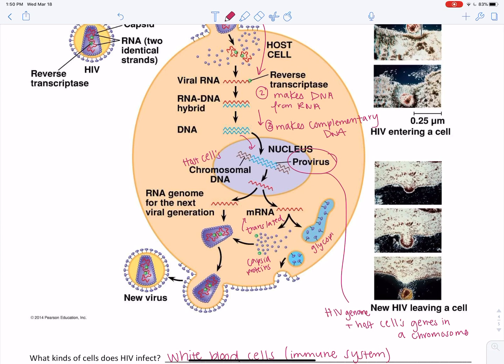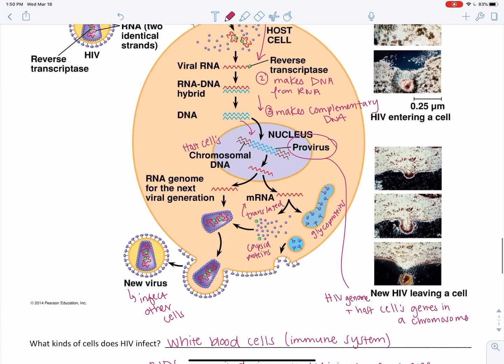And just as we saw before, the new HIV virus will leave the cell via exocytosis, fully assembled. Now the new virus can go and infect other cells. And that's HIV.